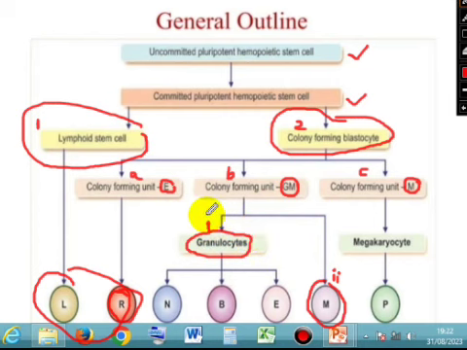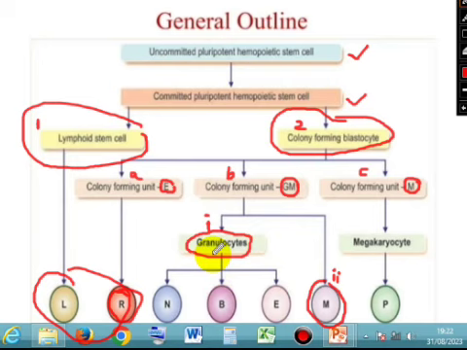One is granulocyte. And then the other is what? Monocyte.